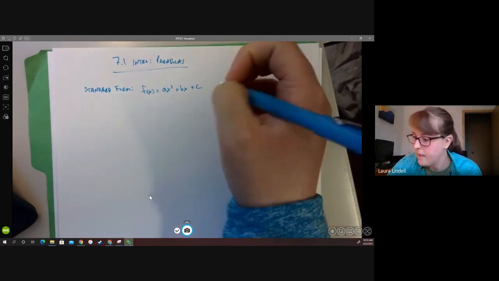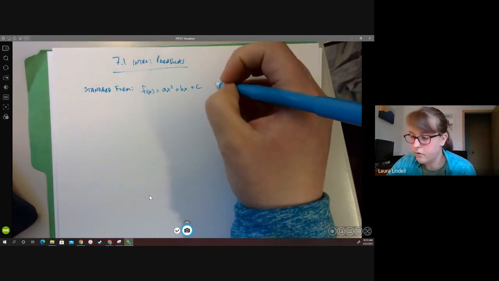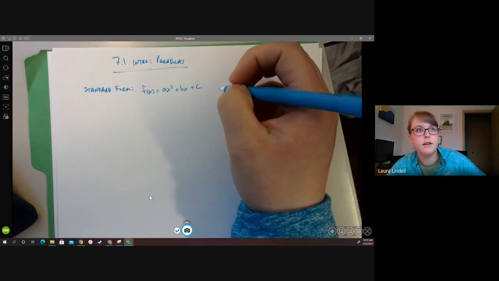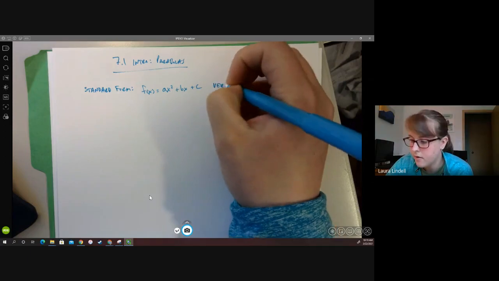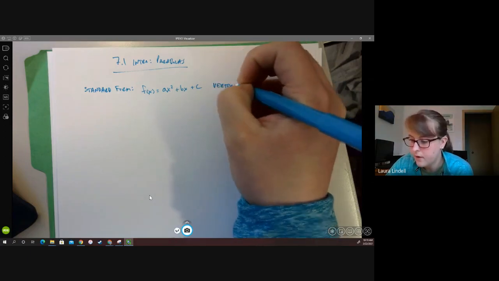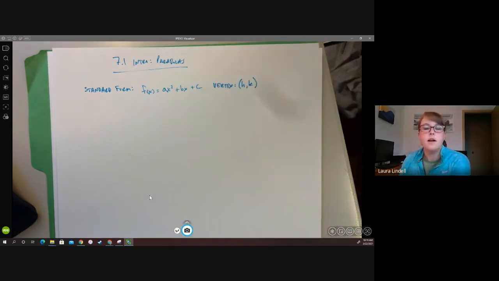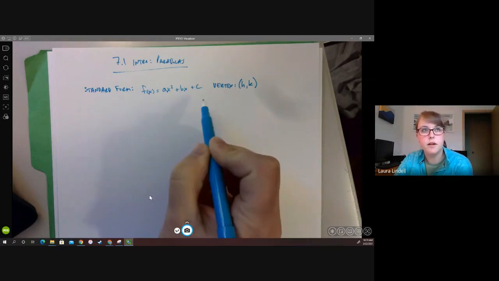So from there, we have things like the vertex and the axis of symmetry that we want to look at. If we're looking at it just from the equation, the vertex is a value (h, k) that we can find within this equation using a formula.